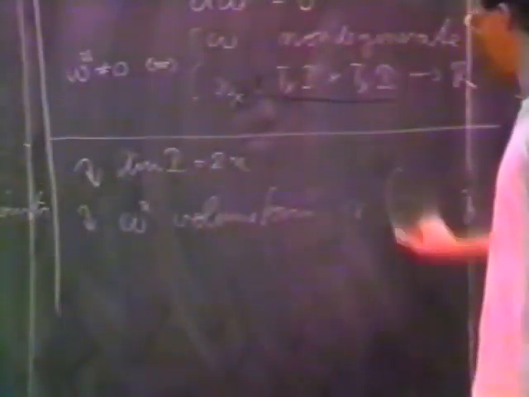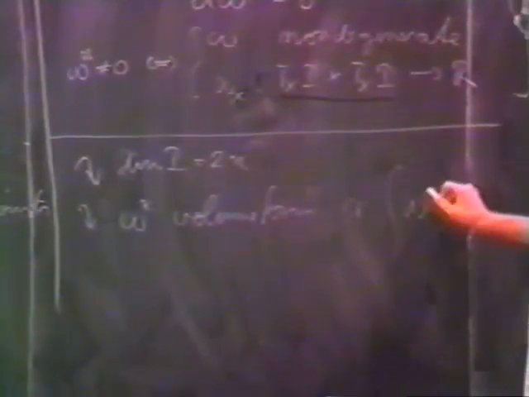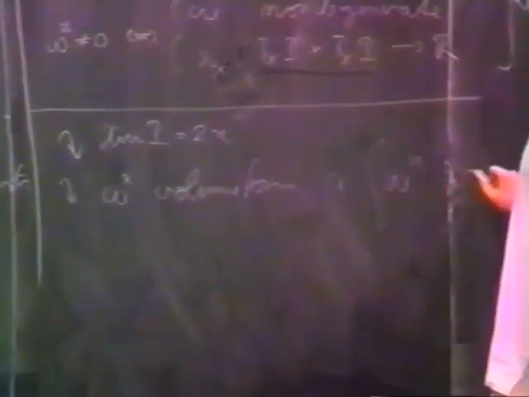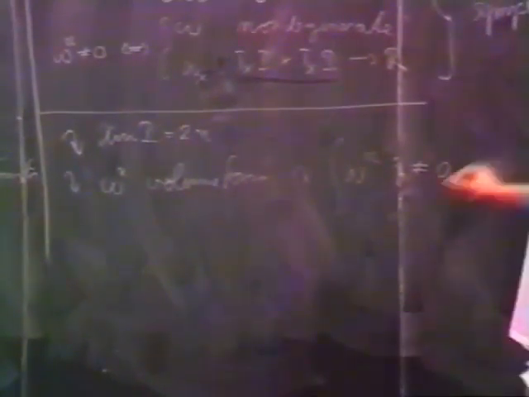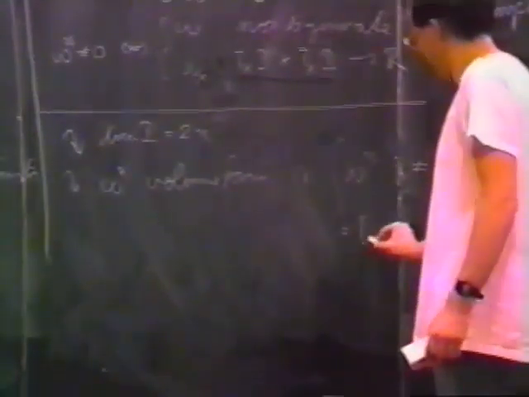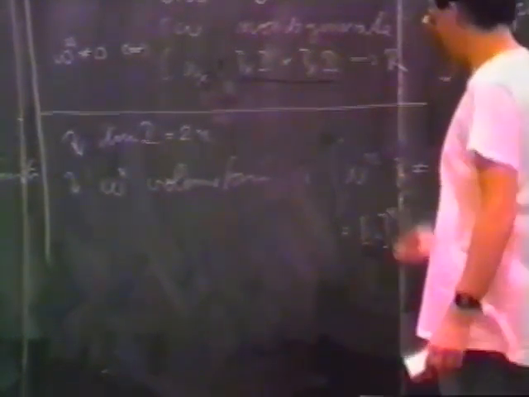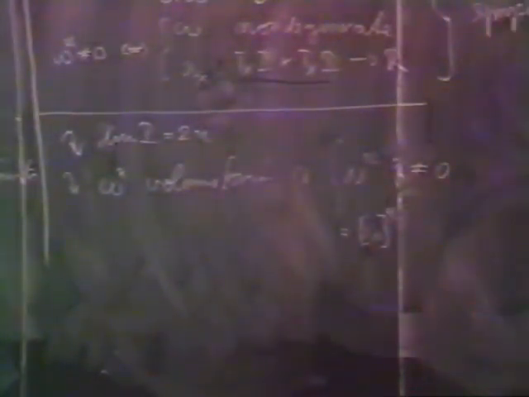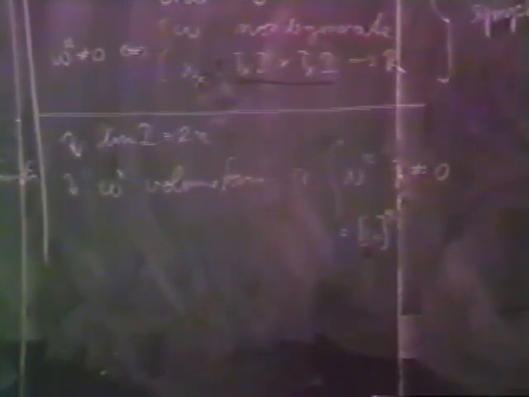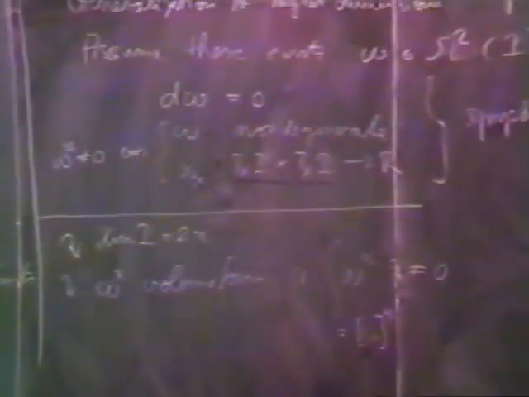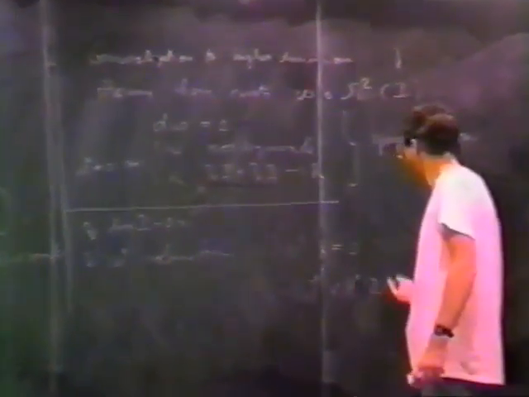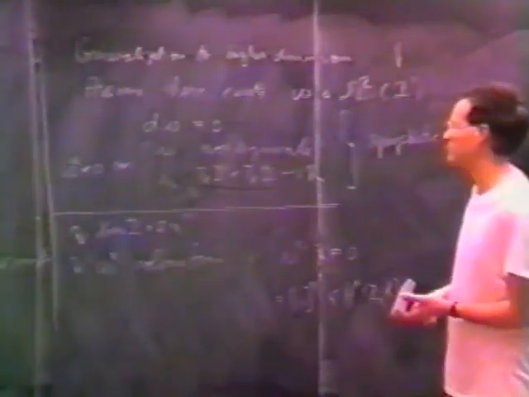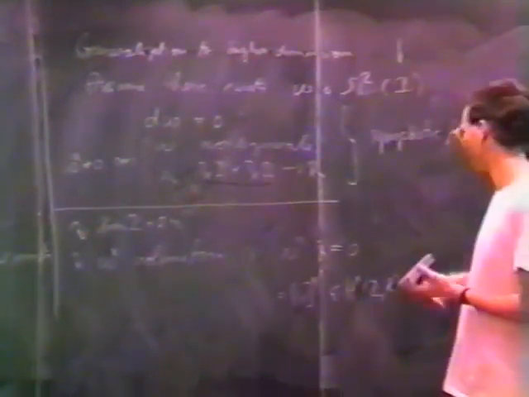And this in particular implies that the integral of omega n over P is not zero, and this is the same as the nth cup power of omega in cohomology. Now that's only for compact manifolds.